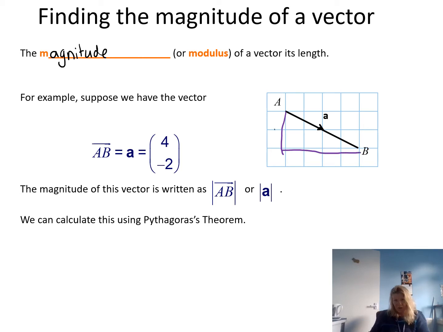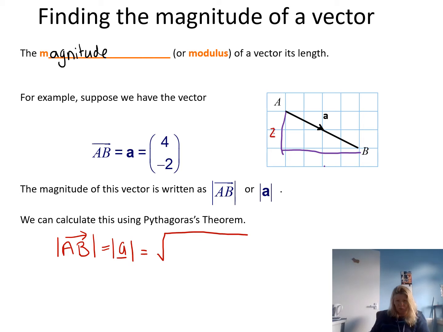To find the vector A, you do that squared plus that squared equals A squared, wouldn't you? So basically, the mod of AB, or we can call it mod a, it doesn't matter, equals, what's the left?